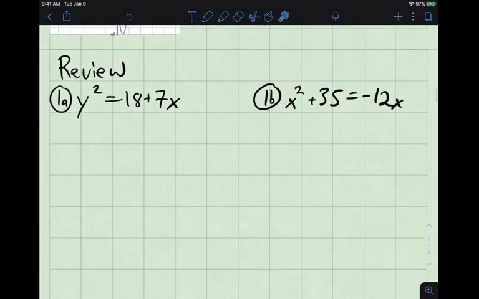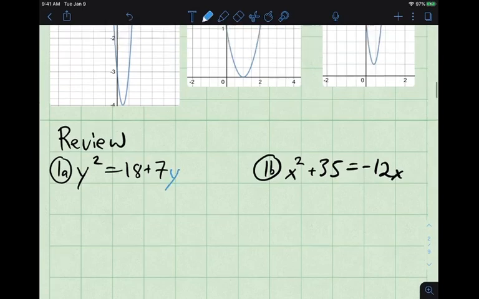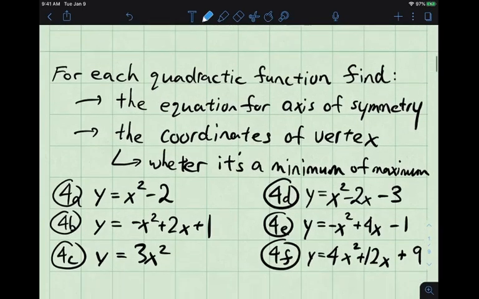So for the first problem, we notice that I messed up the variables, so I have to go fix it. All these should say y. Let me go back and change that. Otherwise you can't solve it.